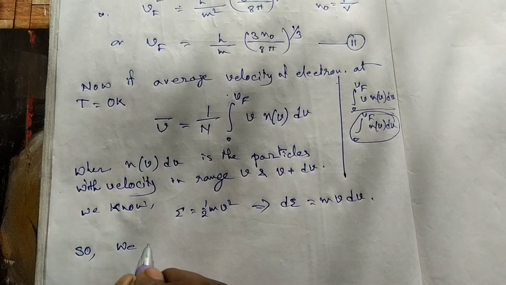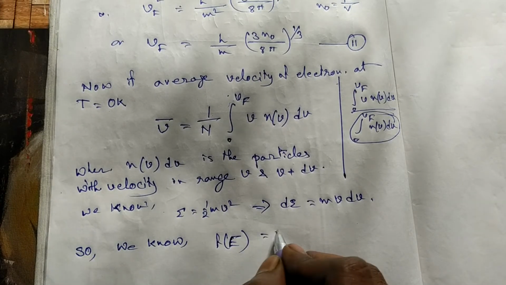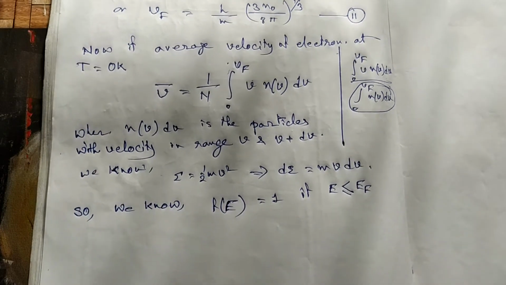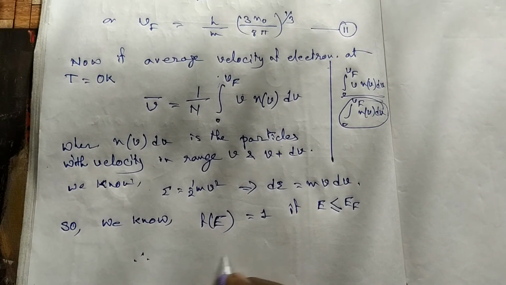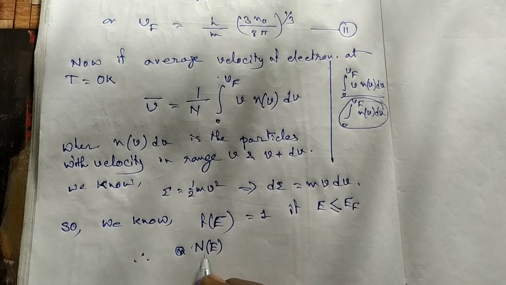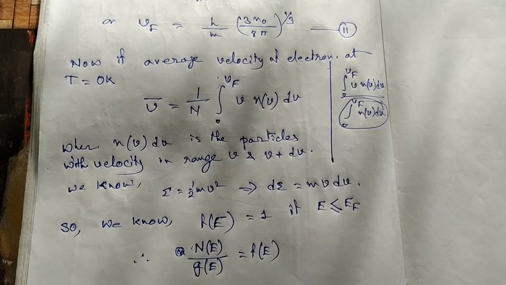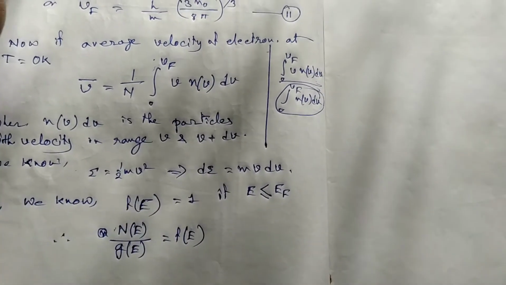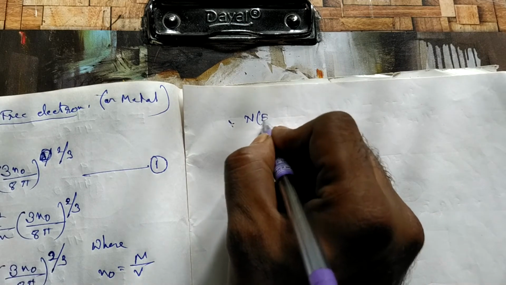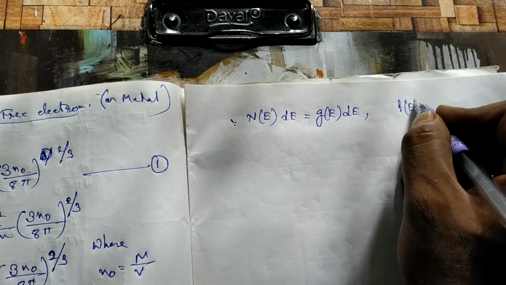We know that F, a function of energy, is always 1 if energy is less than E_F. So if F becomes 1, we can write N(E) by G(E) equal to F(E), so N(E) dE is equal to G(E) dE, because F(E) is 1.